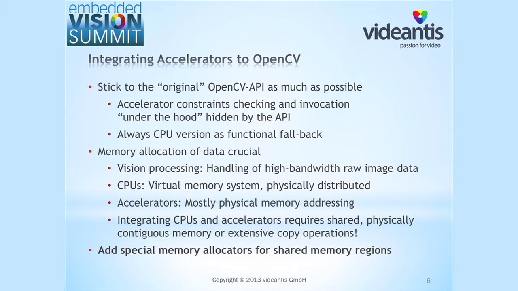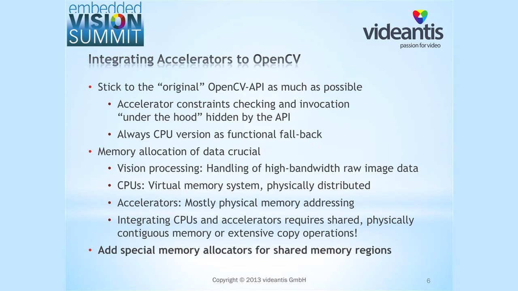Memory allocation is a very crucial matter for implementing programmable accelerators. Why is that so? We always have to deal with high bandwidth raw image data. CPUs use a virtual memory system, so your data is spread out somewhere over the physical memory, whereas accelerators mostly use physical memory addressing. So we need to find a common ground to exchange data between these two entities.